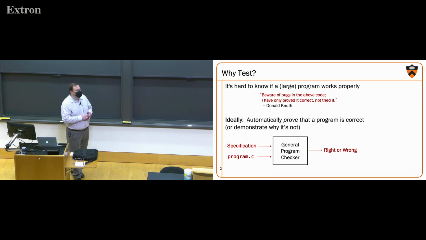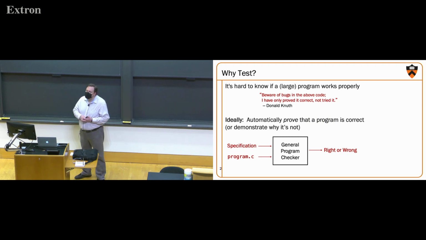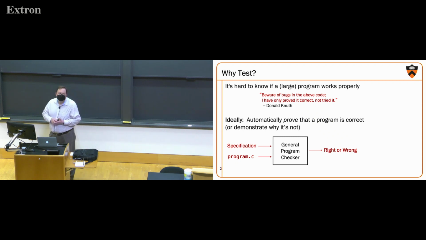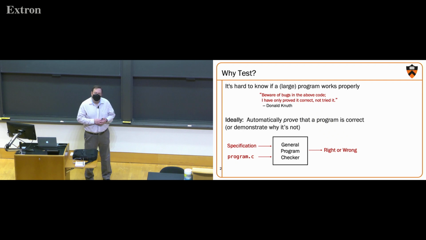Why test? Well, because code has bugs. Ideally, you would have some big general tool that takes as input a program, takes as input what the program is supposed to do, and tells you yes or no, the program is correct.